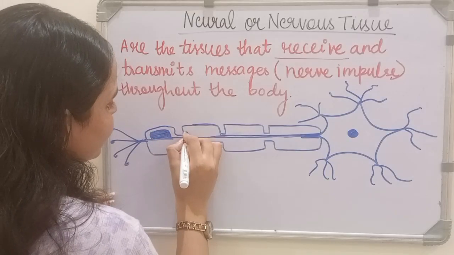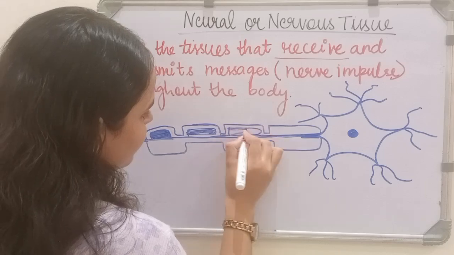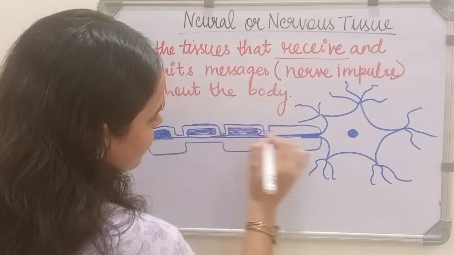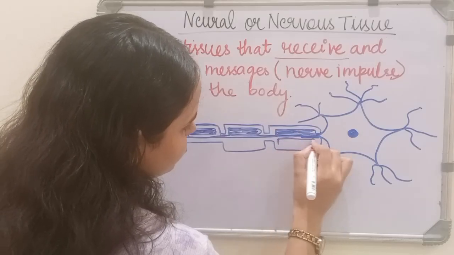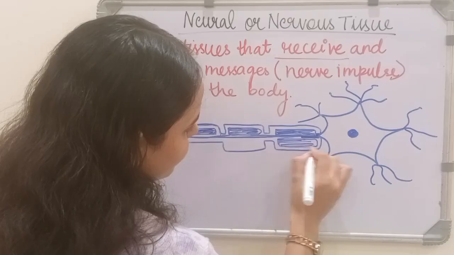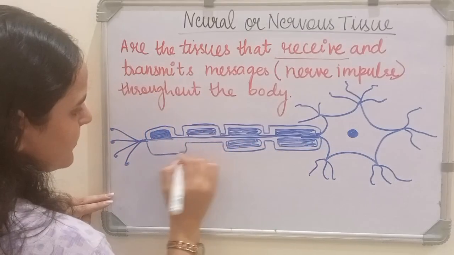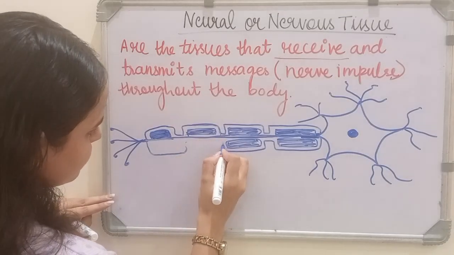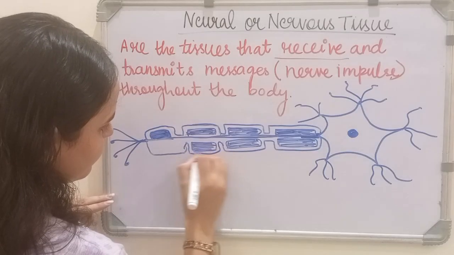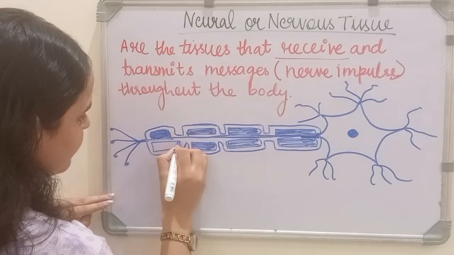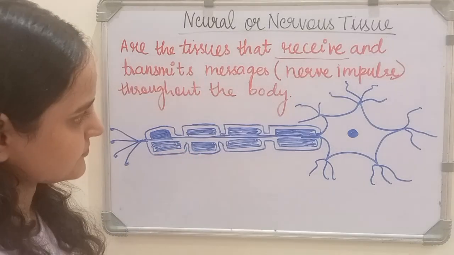Inside I am drawing the myelin sheath. This is myelin sheath. Here something is wrong. Okay, now let's do all the labeling.